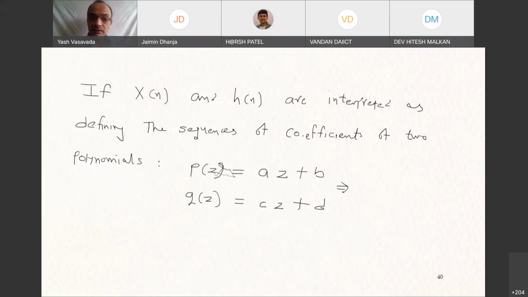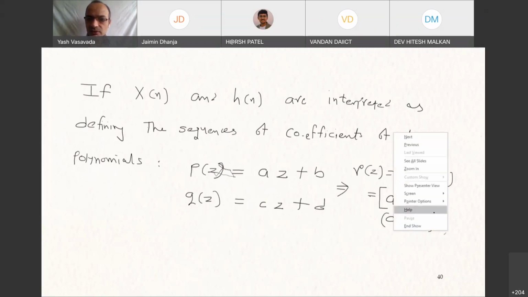Then r of z, which is the multiplication of these two polynomials, p of z and q of z, will have the same answer that we got. It will be ac z squared, comma, ad plus bc times z.